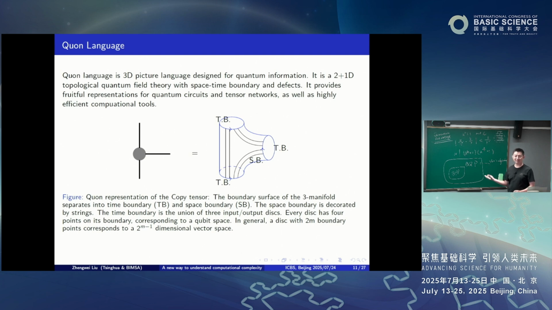That's quite relevant to the famous 2+1 topological quantum field theory, which has been studied quite a lot, and many Fields medalists have made major contributions in that area. So we have a lot of mathematics and physics behind it, and now we can use that to study computational complexity. Like when Kitaev proposed the toric code, essentially he used TQFT to build a quantum error correcting code. Now you can use TQFT to study quantum computing complexity.